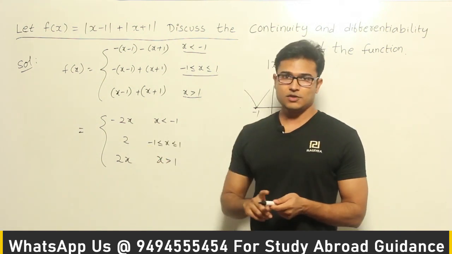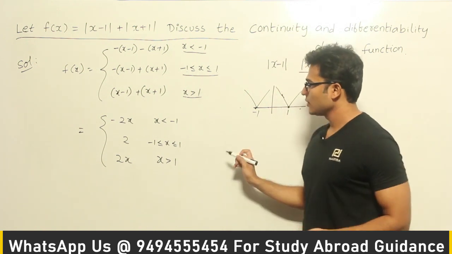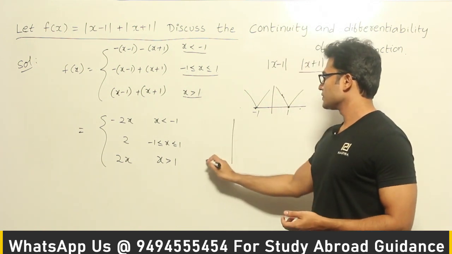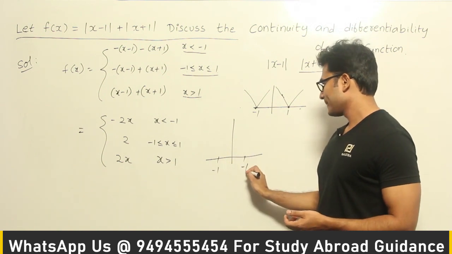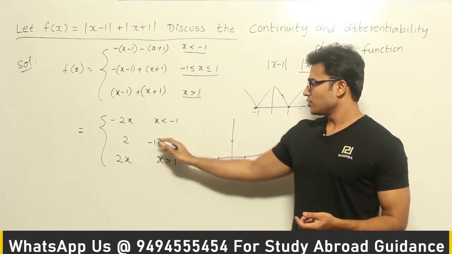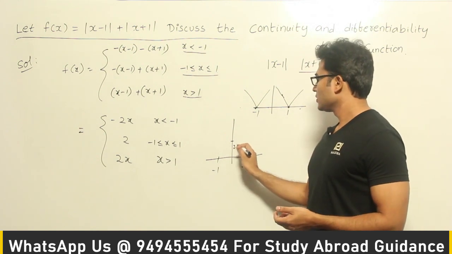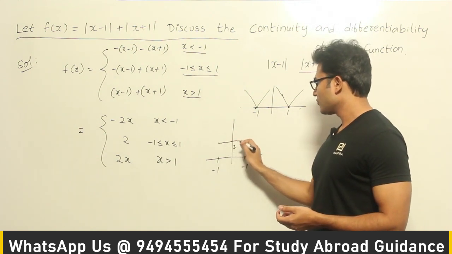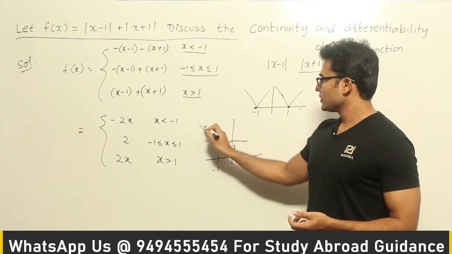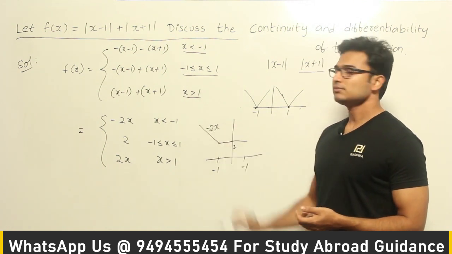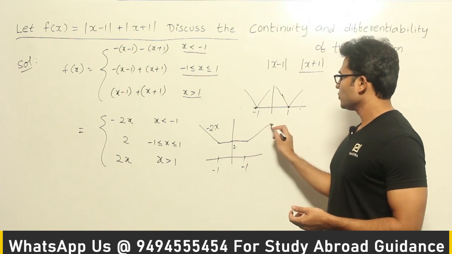If you try to draw it in a graph, from minus 1 to 1, the value is going to be 2. So you are going to see the graph something like this. Less than minus 1, it is going to be minus 2x, and greater than 1, it is going to be 2x.